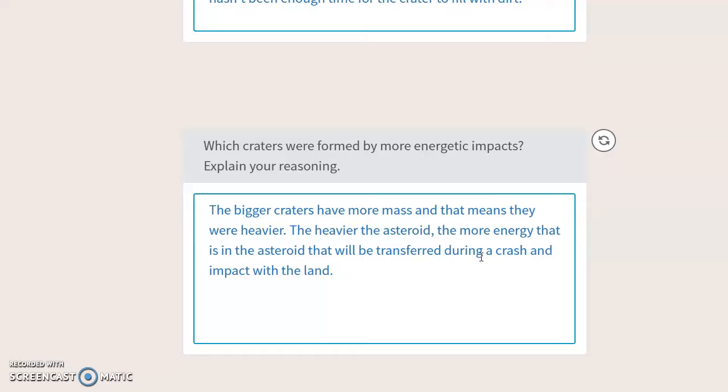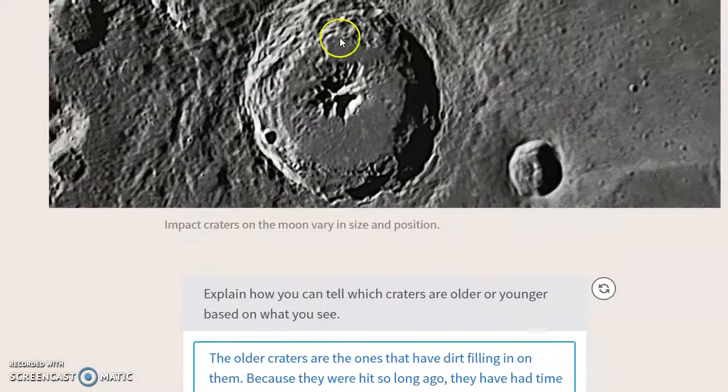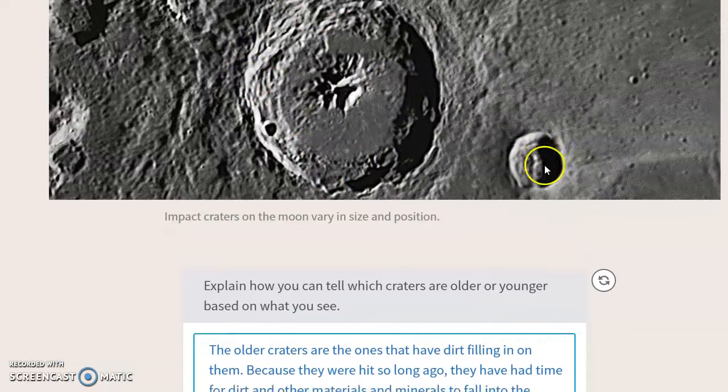The heavier that asteroid, the more energy that is in the asteroid that will be transferred during a crash and impact with the land. The more space that the asteroid takes up, the more damage there will be. Right, these huge asteroids create more damage right here than right there.